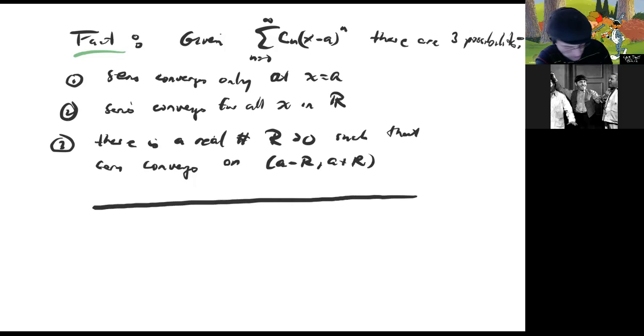We have the number a, and then here's a plus r, and then we have a minus r over here. So a is directly in the center between the green points, so it's symmetrical. And this number r is called the radius of convergence.